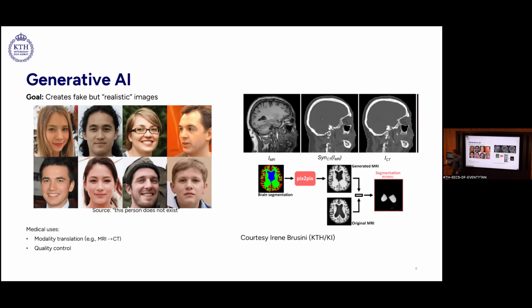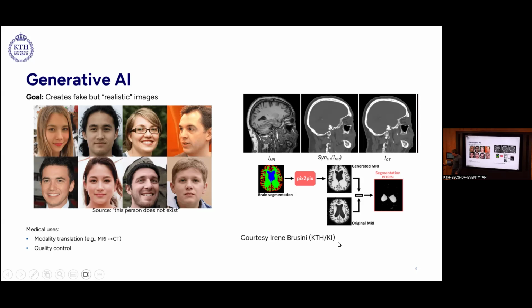There are methods that use the same approach for medical images. For example, there are a lot of methods that take an MRI scan and generate a synthetic CT scan. This is very useful for clinicians, for planning of radiotherapy, for example.